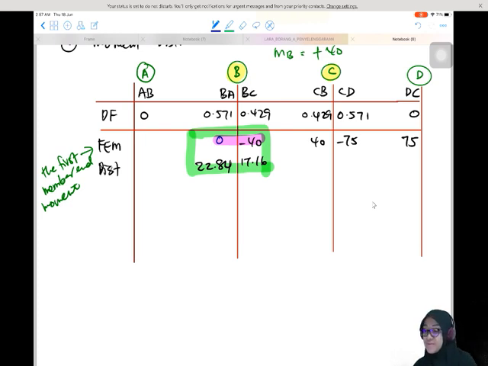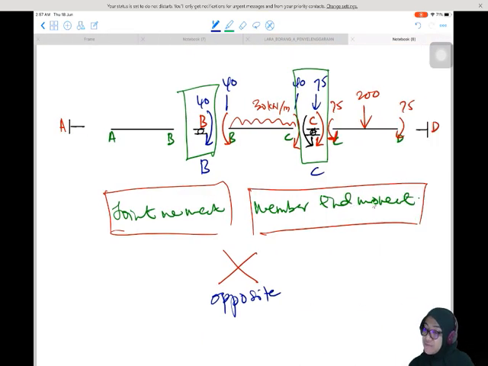Positive 35. So this one is 40, this one is 75, so it is 75 minus 40.